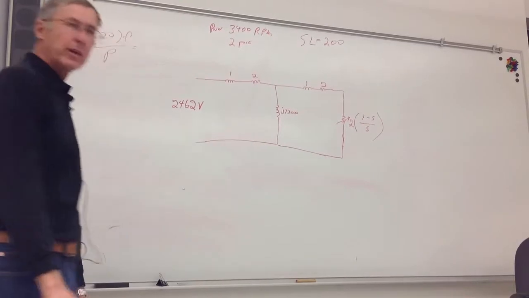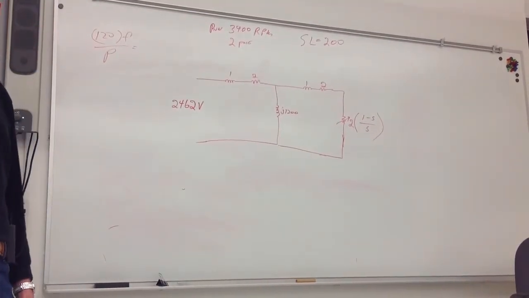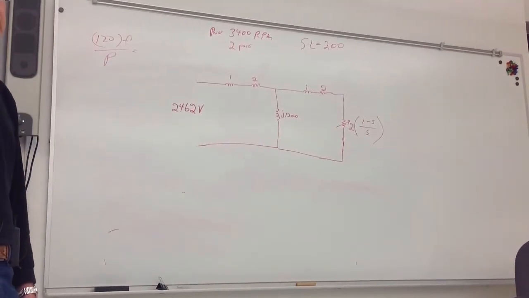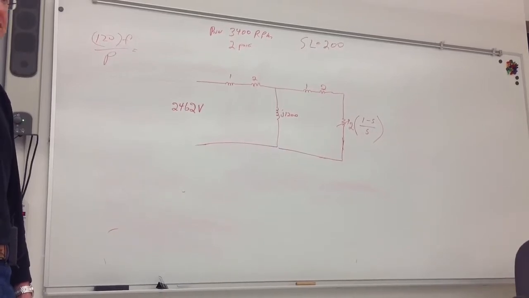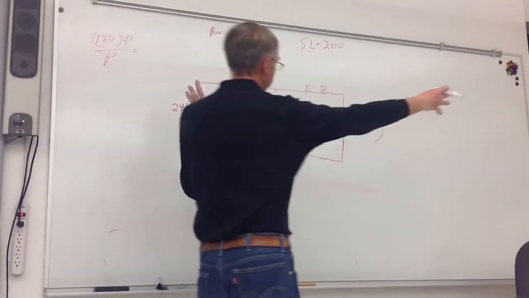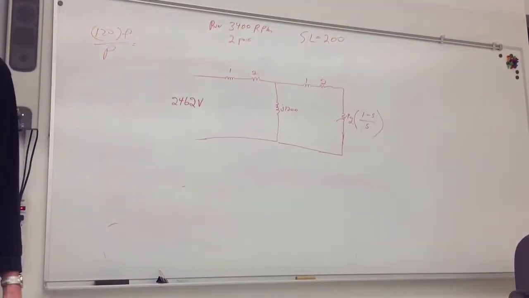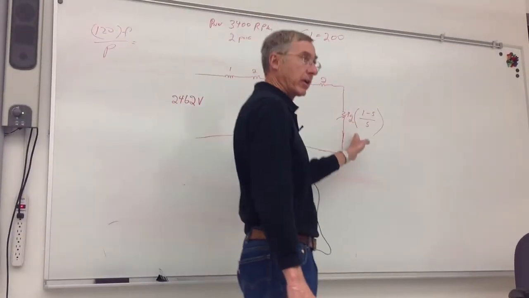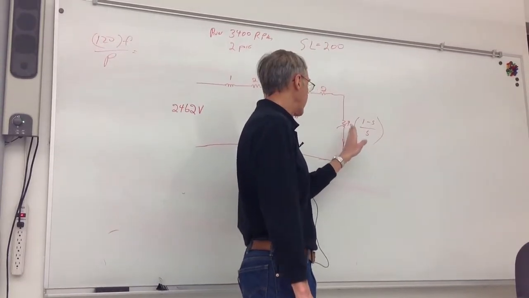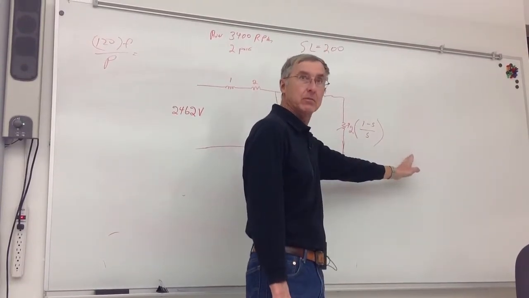Stray loss is windage and friction. If I look at the model, where does stray loss occur? Nowhere in there. It occurs after this point, between here and the shaft.